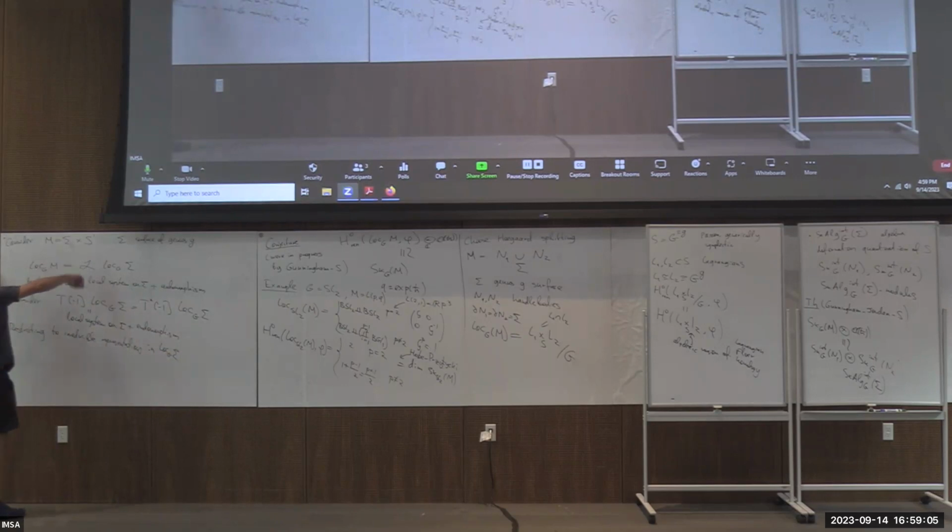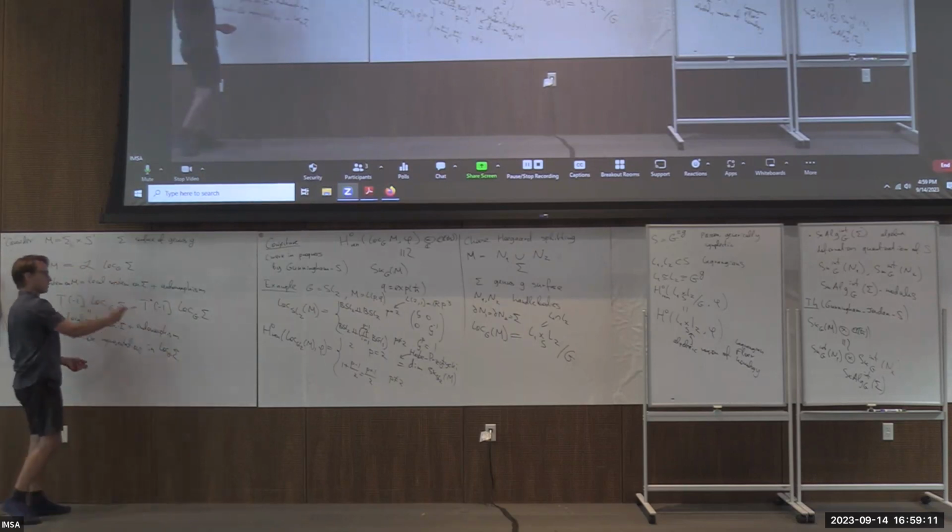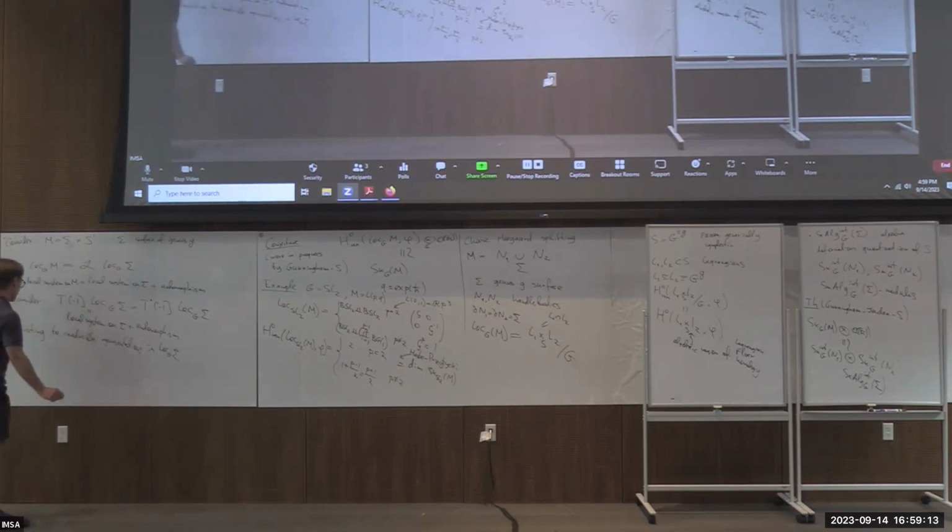So actually, these two will coincide on that locus. So if you just restrict to irreducible representations, you get the same answer. So really, the difference comes from the complicated locus, where you look at reducible representations, where you have some interesting automorphisms.